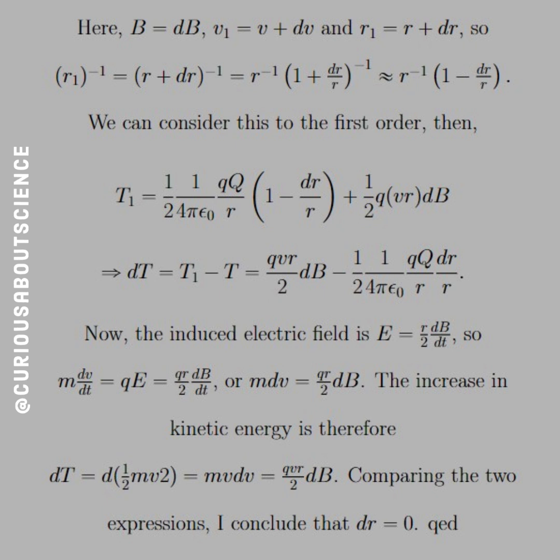What we can do is approximate that as r to the -1 times (1 minus dr over r), so that the reciprocal power goes away in this approximation. That's pretty clever. Now we can consider this to first order, and we say that T1 is equal to 1/2 times 1 over 4 pi epsilon naught, q Q over r, times (1 minus dr over r).